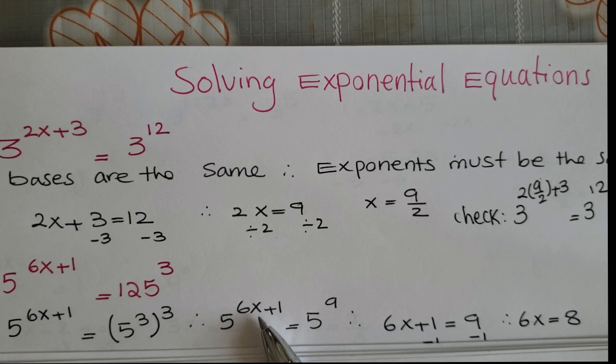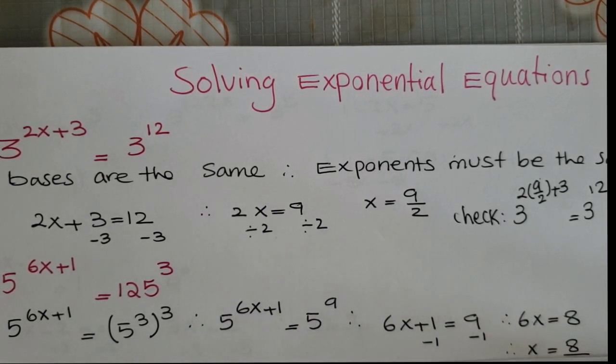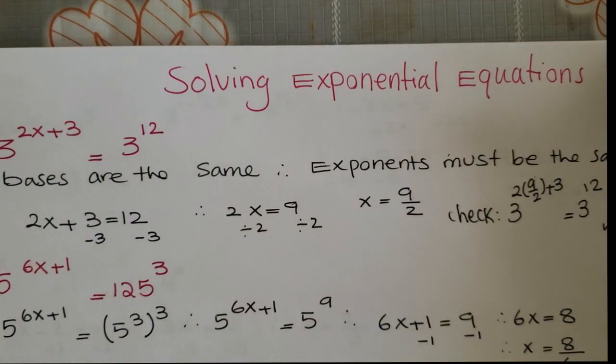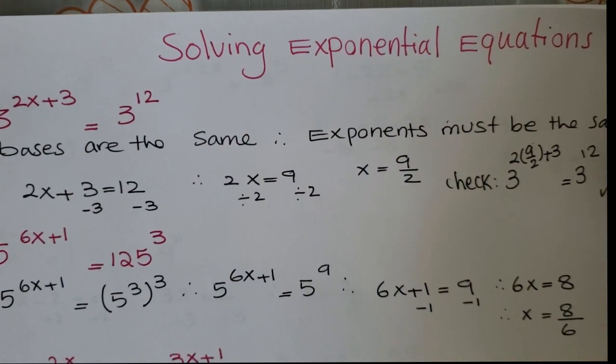So 6x plus 1 should be equal to 9. In order to solve this linear equation, we have to isolate the x. I add negative 1 to both sides, so 6x equals 8. And then I divide both sides by 6 to get the final answer. Therefore, the final answer would be 8 over 6, which you can also simplify and make it 4 over 3.